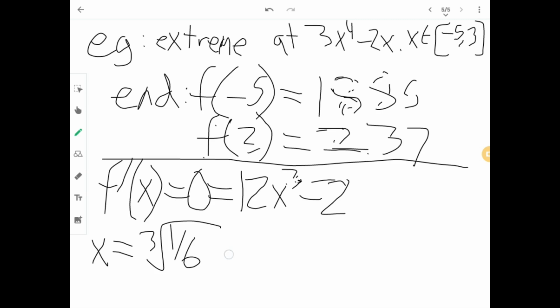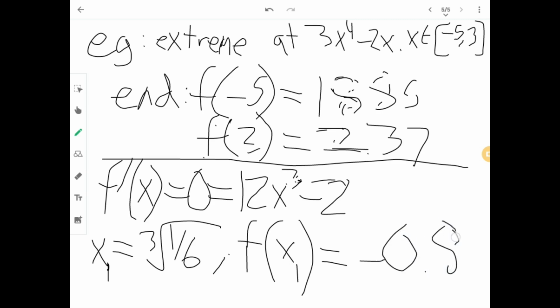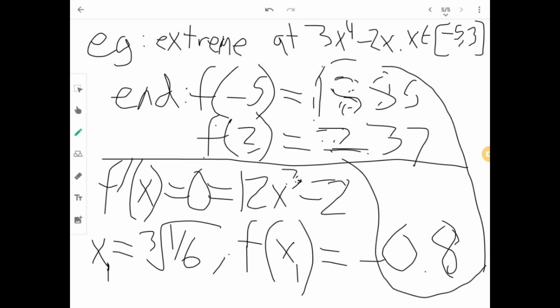So you just sub this x value in, and that is minus 0.8. So you have these three numbers. 1885 is the largest, so this is max, and this is the lowest because it has a negative, so min. And that's how you solve it. I'm sorry for the messy, but my tablet is glitched.